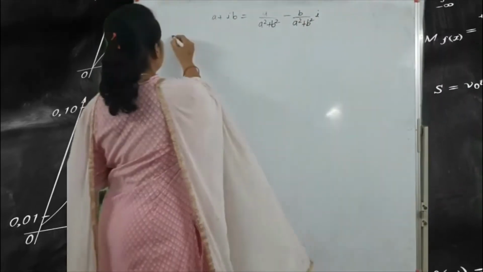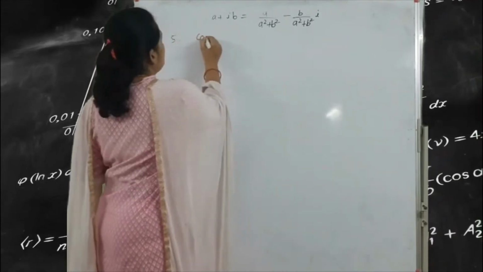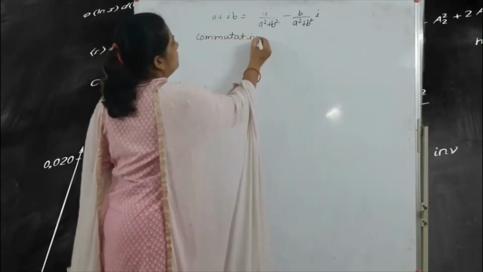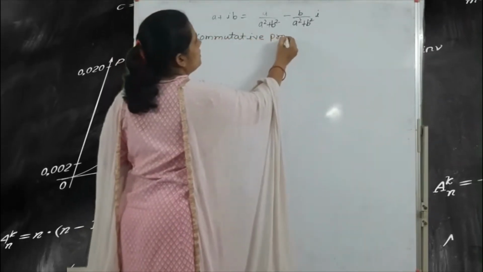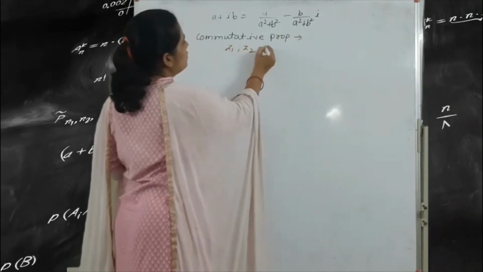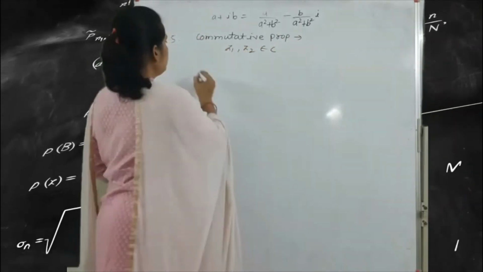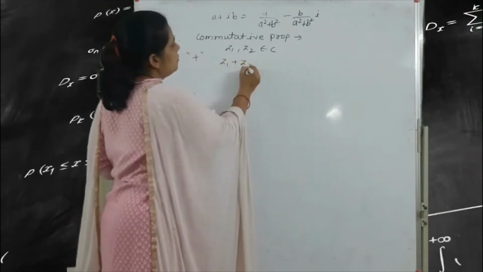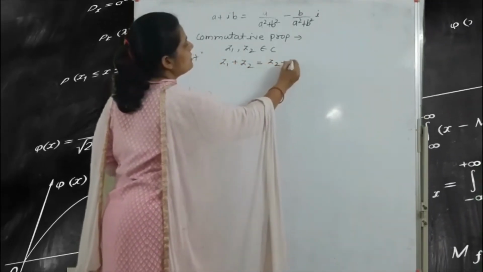Next, the fifth property is the commutative property. According to the commutative property, Z1 comma Z2 belongs to C. Then with respect to plus, Z1 plus Z2 is equal to Z2 plus Z1.